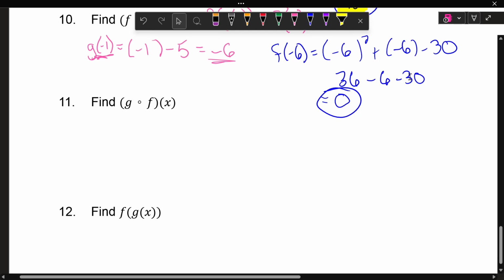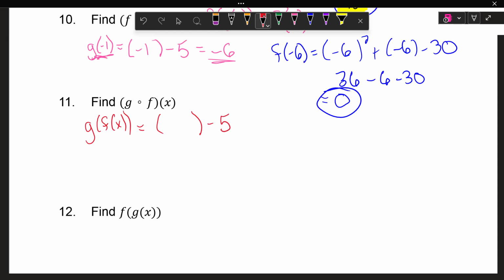Now, obviously, 11 and 12 get a little bit more complex. So g of f of x. Well, let's try thinking of it this way. The g function is something minus 5. Well, what is that something? What are we plugging into it? We're plugging f of x, which is x squared plus x minus 30.